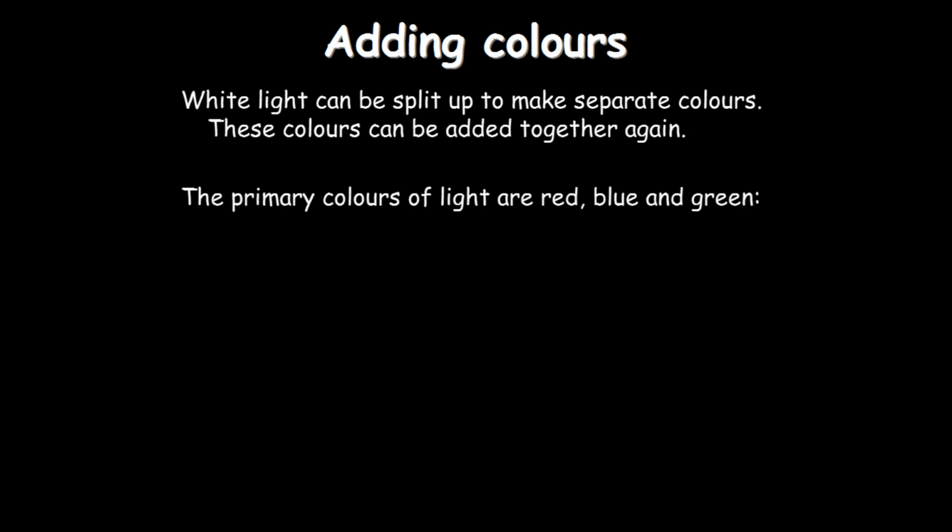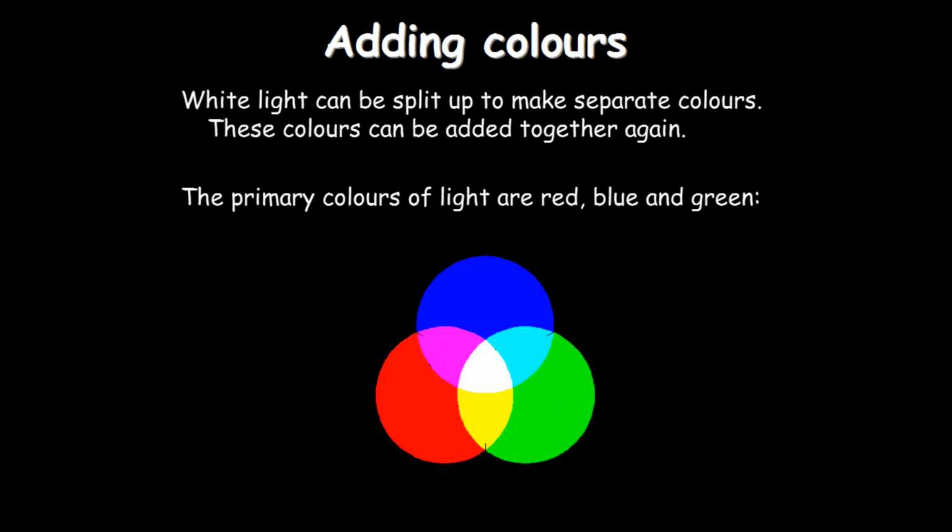The primary colors of light are red, blue, and green. These are the primary colors. In our surroundings, we see a lot of colors: purple, blue, gray, a lot of colors. But in nature, there are only 3 colors, and these 3 colors in different proportions result in different colors, as very smartly shown here.